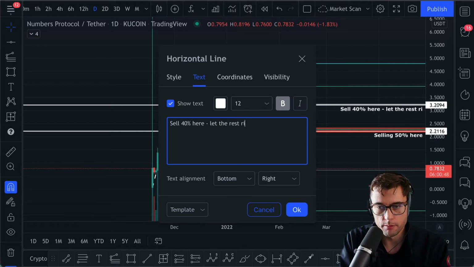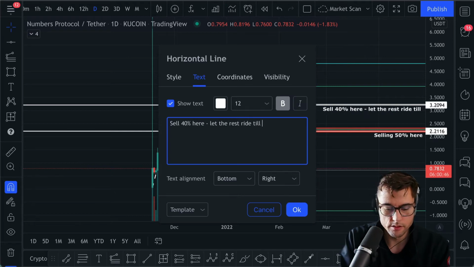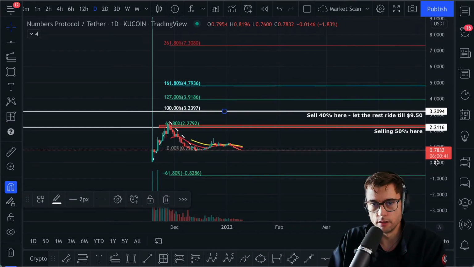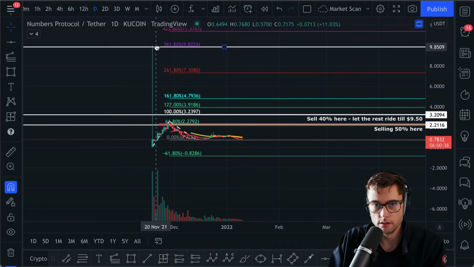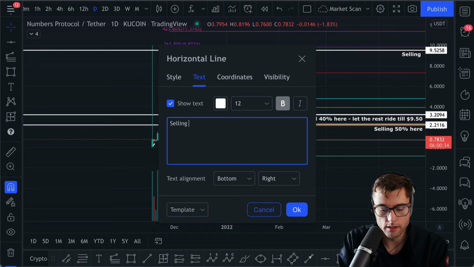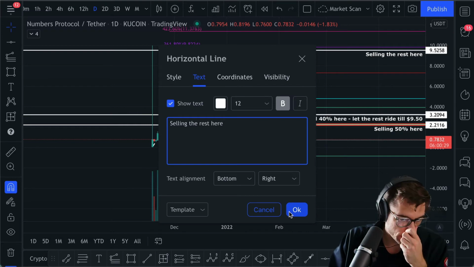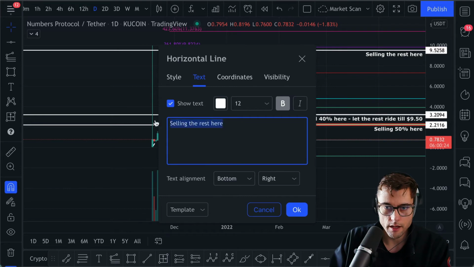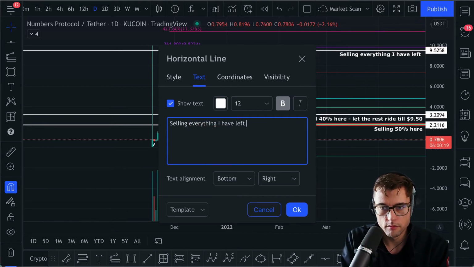Let the rest ride. And I'm going to just let the rest ride till 9.50 because of the $10 up here. So I'll say 9.50, and then I'll say selling the rest here. Or I don't know if I'm even going to sell the rest. Selling everything I have left minus 5% as a moon bag.